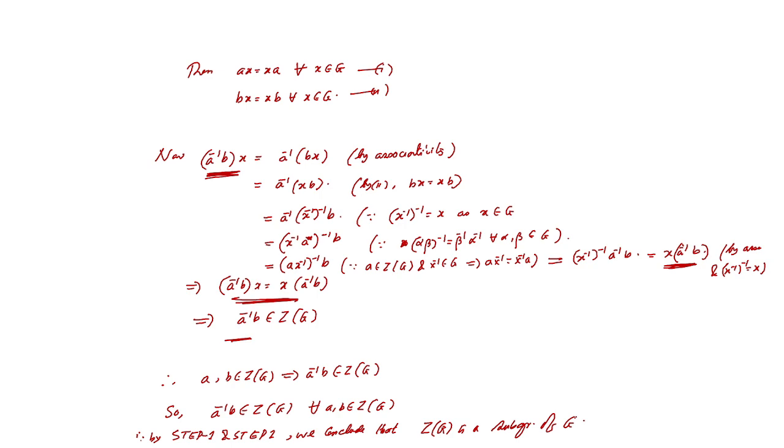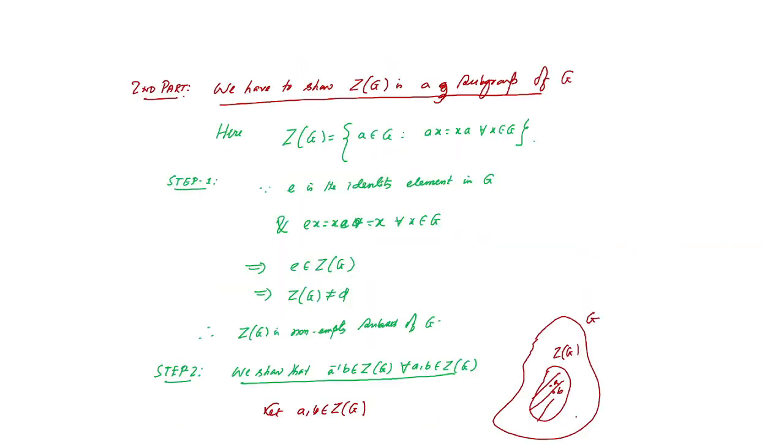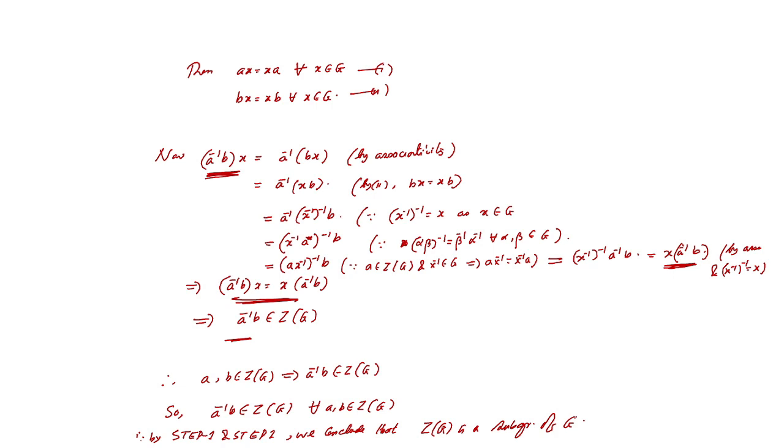Okay. Also, you have been asked this question. The question was asked in the year 2011. What was the question? Let G be a group and ZG be the subset of G defined as follows.